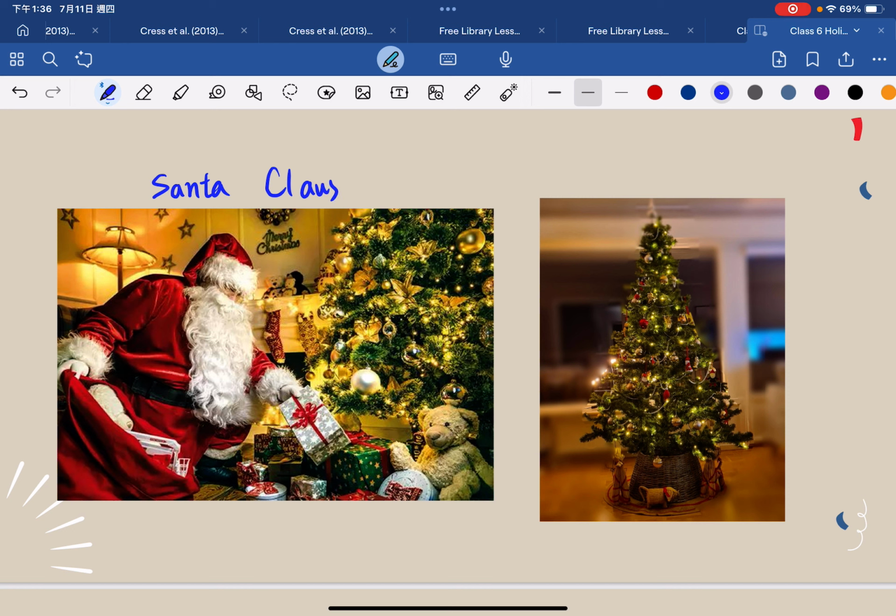He is putting gifts under a Christmas tree. On the right we have a Christmas tree. So that's right. This is Christmas day. On Christmas day, we might have some events and activities. We might have a gift exchange.